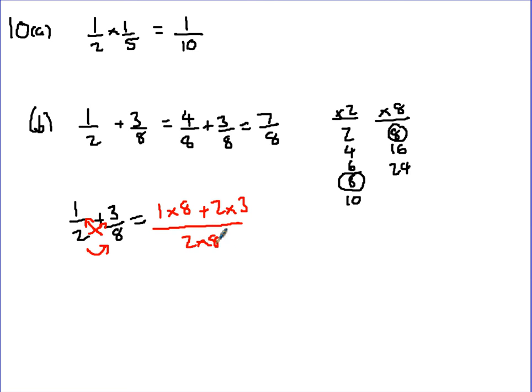Now the issue with this is it can give you massive numbers to deal with, so I prefer the top one because it's very simple once you've done this side. This will then give you 8 plus 6 over 16, which gives you 14 over 16. Then you have to cancel it, half top and bottom, to give you 7/8, which is the same answer as we got in the first method. Either method is acceptable. Personally, my preference is the top one.